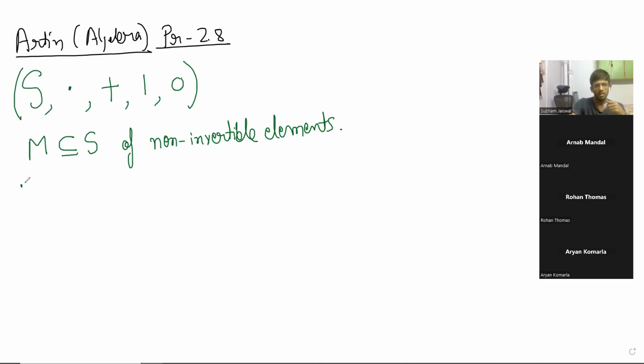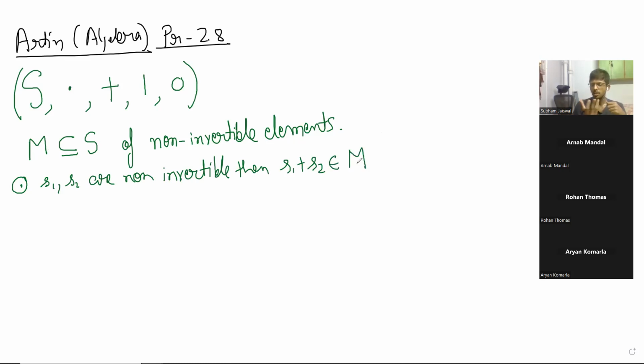And then there is a condition 1, that if S1 and S2 are non-invertible, then S1 plus S2 is also non-invertible. So we are collecting all the non-invertible elements in one place. Okay, so M itself is like a nice thing.